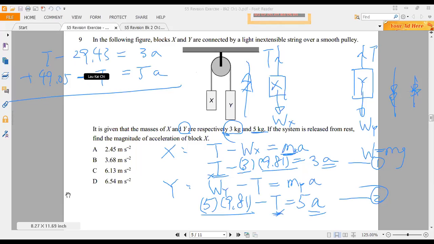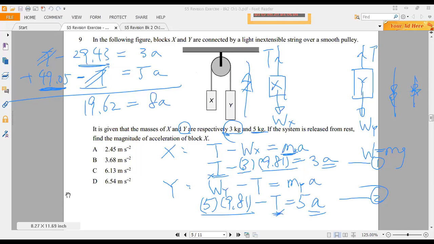So when you add these two together, the T can be cancelled, because T minus T is 0. So that would become 49.05 minus 29.43, which becomes 19.62 equal to 8A.